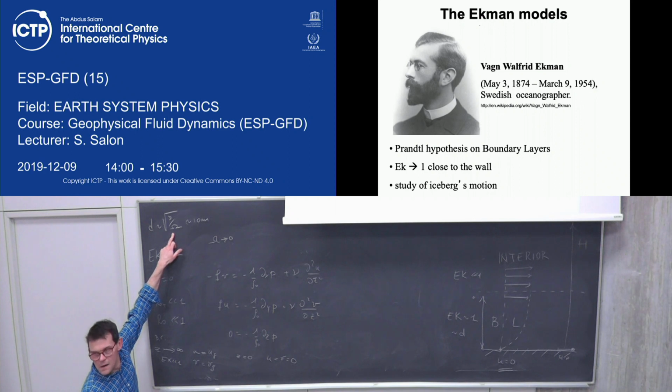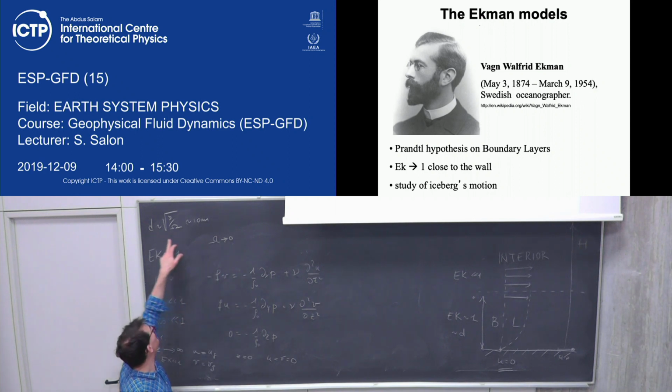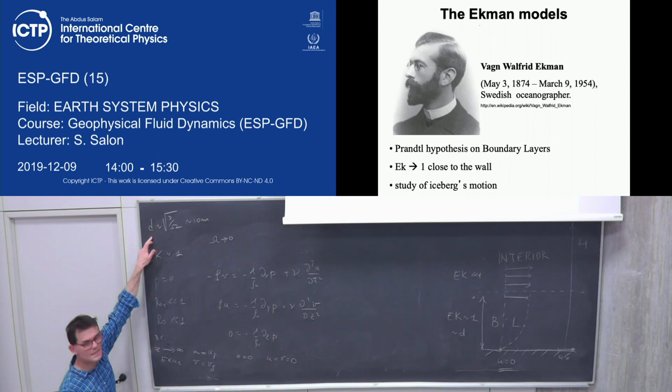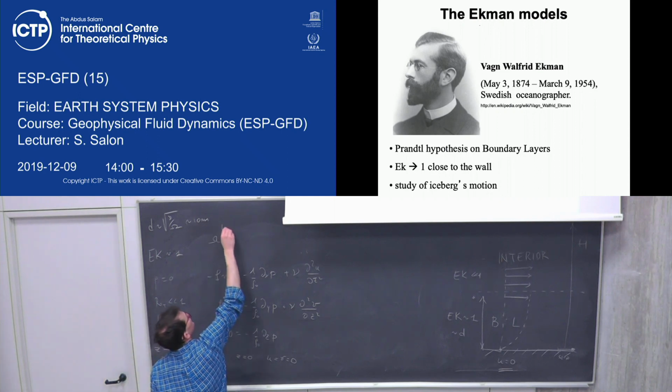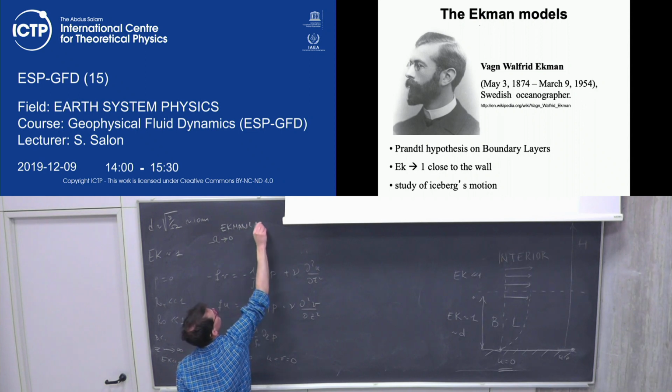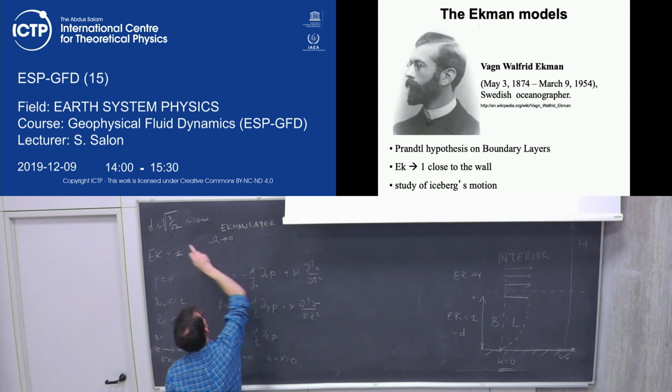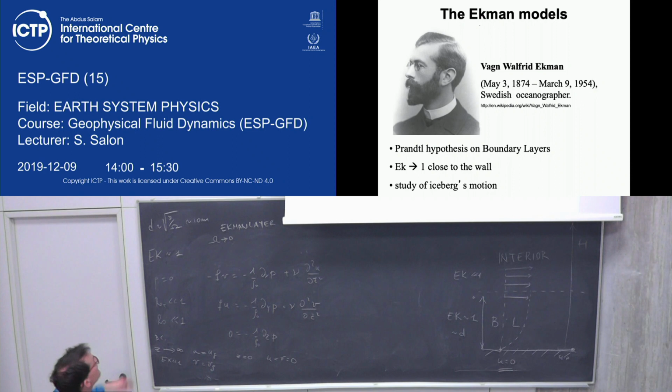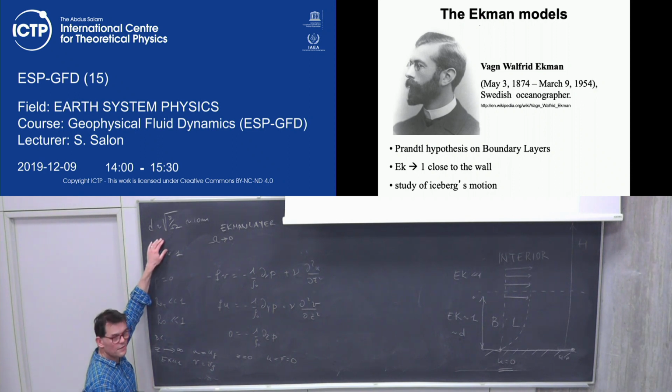Infinity. The existence of this layer, which is called the Ekman layer, and this is the Ekman depth, is just due to the fact that we have a rotating fluid.